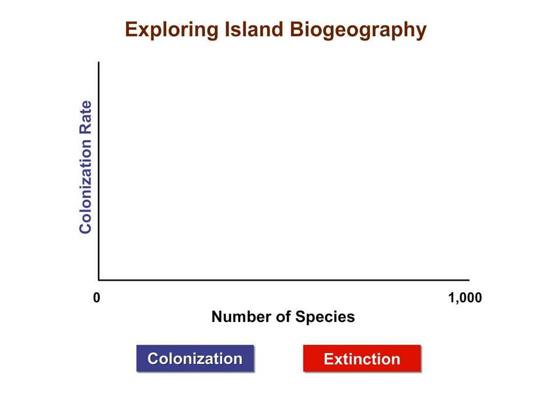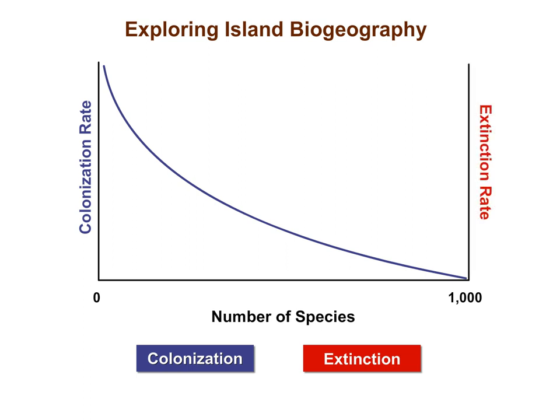Let us understand how the colonization rate changes over time. As more and more possible immigrants arrive on the island, there are fewer habitats available to colonize. Predation and competition play a bigger role in determining colonization success. Therefore, the colonization rate declines as the number of species increases.